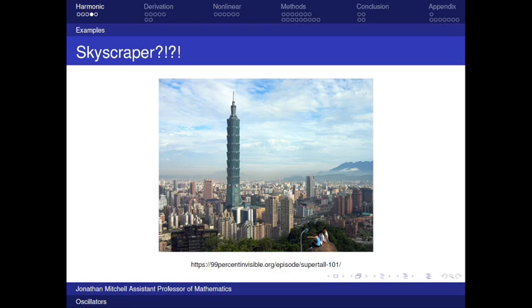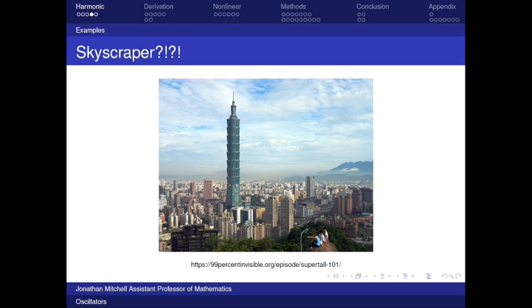Skyscrapers. Now, maybe you're thinking, I was with you for a while, but you're saying that a building oscillates? And precisely, yes, that's exactly what I'm saying. This is an example of a skyscraper. It is the Taipei 101 in Taiwan that was built rather recently.